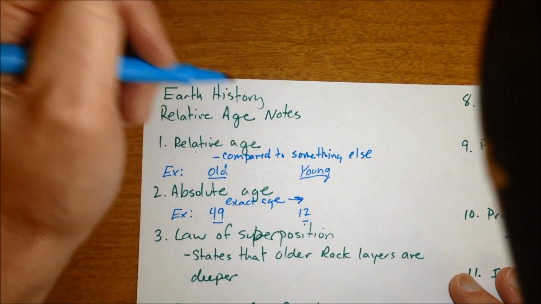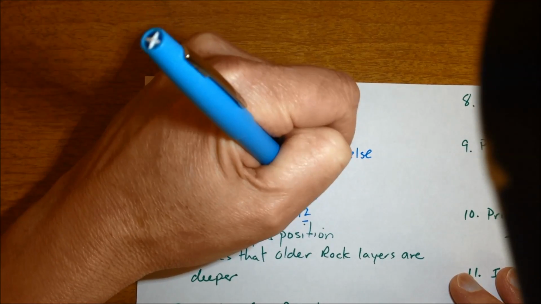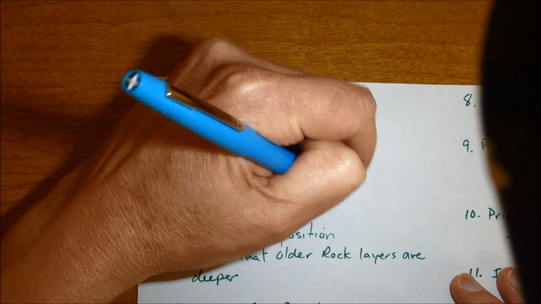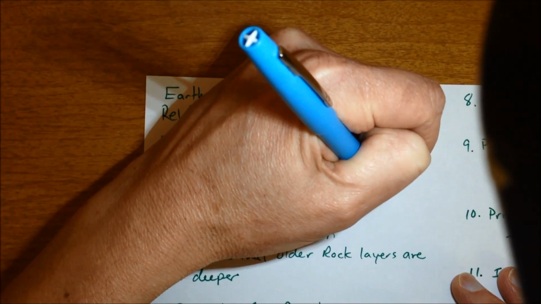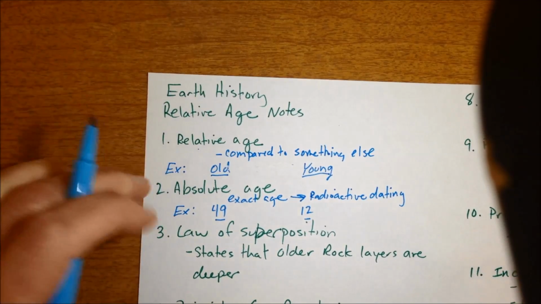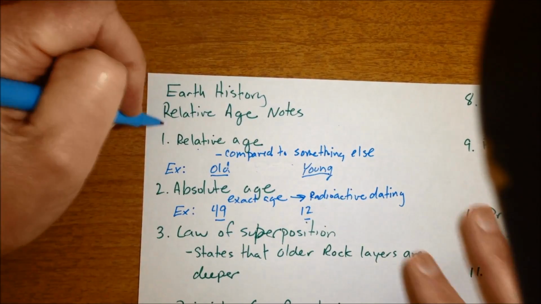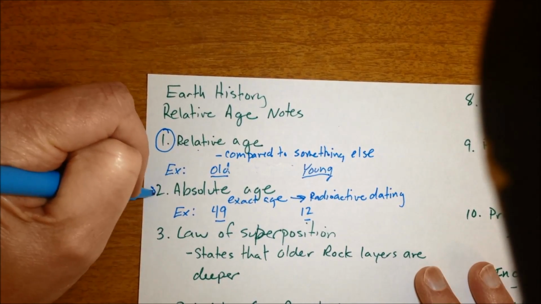Absolute age, we'll learn later in the unit, is determined by radioactive dating. And we do this with rocks and fossils, and we'll see how that works another day. This part of the unit focuses on relative age, so save absolute age for later.